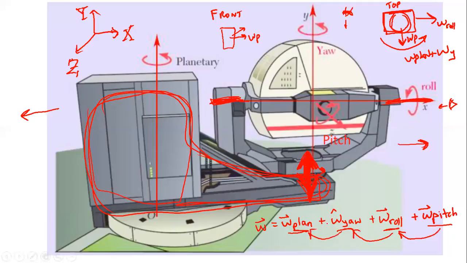You just group them together, and if you're figuring out the angular acceleration for the omega yaw, you still want to see if the planetary would affect it, because it could. But in this case those two are in the exact same direction, so it does not end up affecting the direction of the yaw, because it's just like a y cross y.